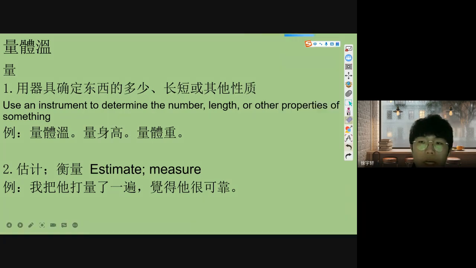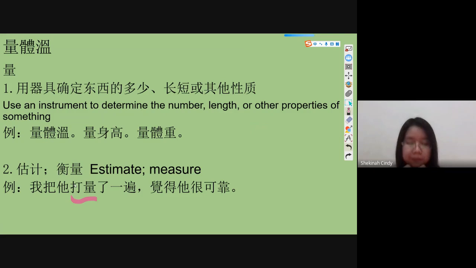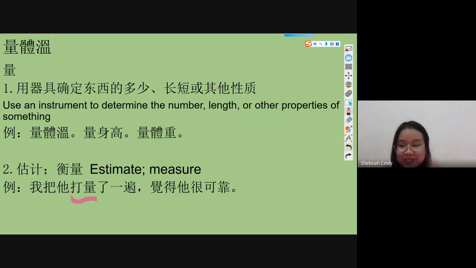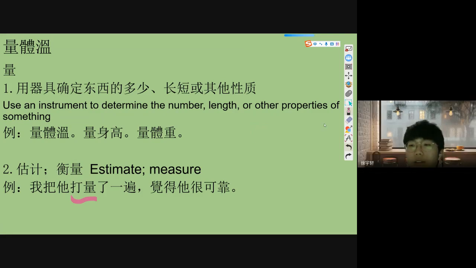When we put 打 and 量 together, 量 has the meaning of estimate and measure, and 打量 means look at something. Is it good to understand? So can you understand 量 now?